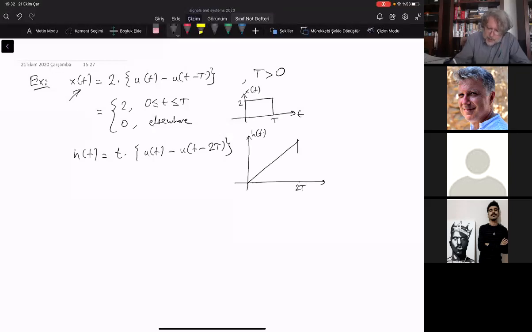And it is cropped over there, and the rest is just zeros. So from 0 to 2T, it's just a 45 degrees increase because the function is h of t equal to t. Therefore, at this 2T, the value reaches up to 2 capital T, okay?